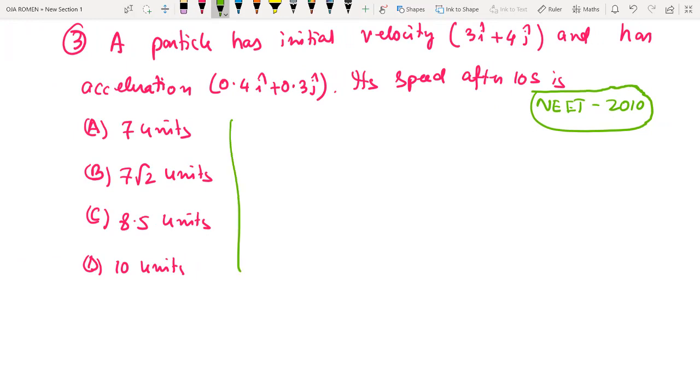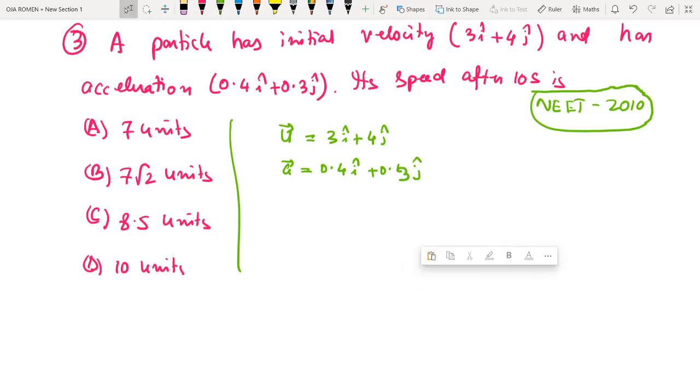So here initial velocity 3i plus 4j and acceleration is 0.4i plus 0.3j and time is 10 seconds. So final velocity v is u plus at.